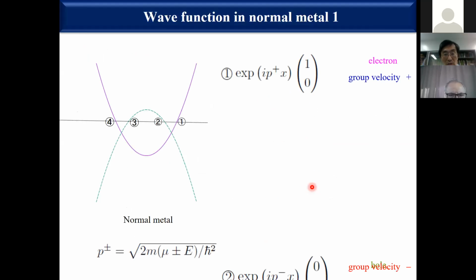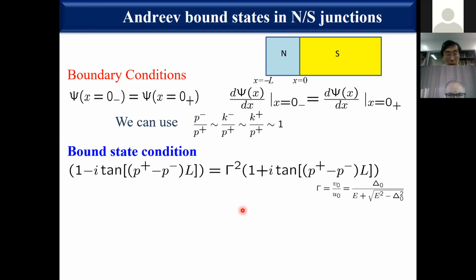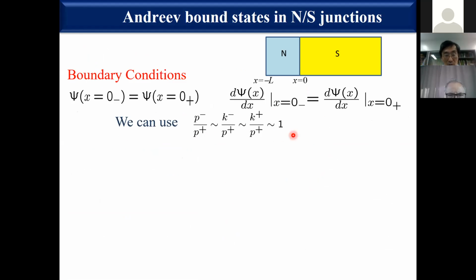So this means that in the normal region, we must take into account all possible solutions to satisfy the boundary condition at x equals minus L. Then we postulate a boundary condition at x equals 0, and we can use these conditions because the Fermi energy is much, much larger than the pair potential delta or the energy we are now looking at.